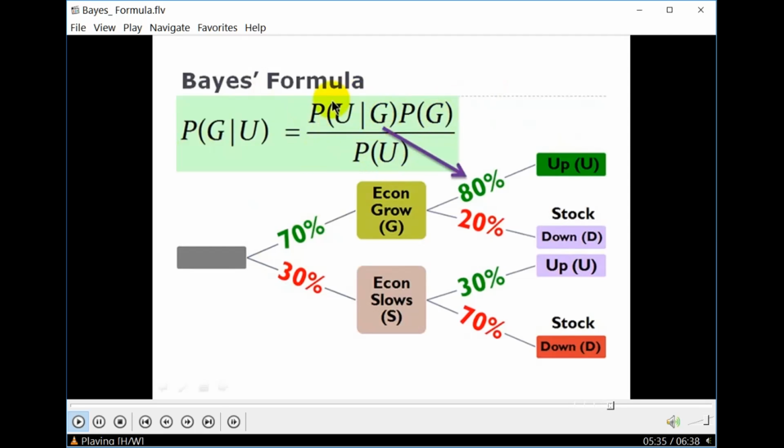This piece right here, the conditional probability, is 80%. The probability of the economy growing is right here. That's the 70%. And the probability of an up movement is the addition of these two nodes here. Please do mind that we have included a state where the share is up but the economy slows down, because this is in reality what we can observe, and this is in reality what we would like to figure out.